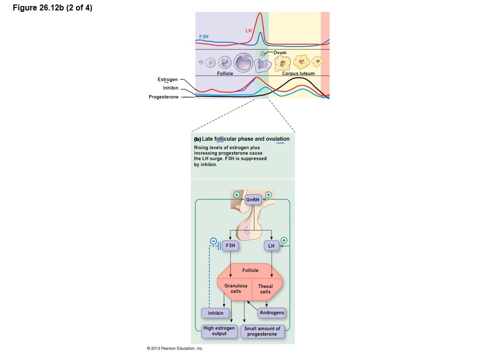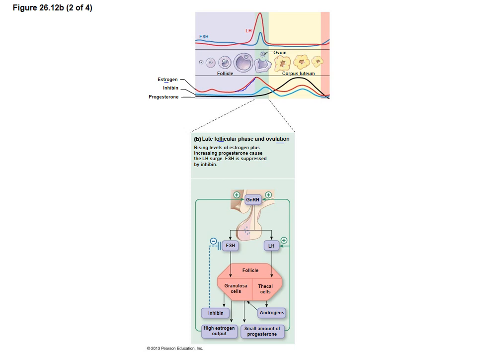And at this point, there's only one follicle that's still developing. The reason for this is that during each stage of follicular development, the follicles are undergoing hormonally regulated cell death, which is known as atresia.